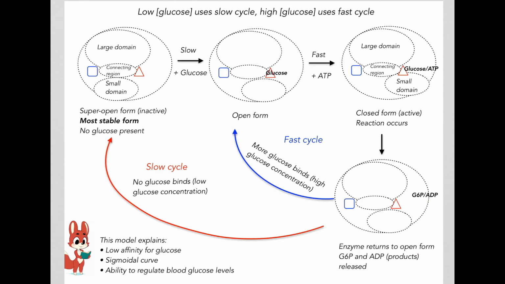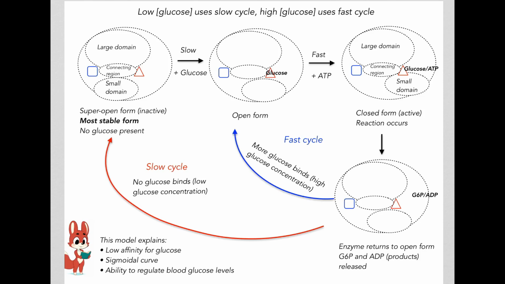Now, if the glucose concentration is high, there's a lot of glucose around, then what happens is this open form will basically get converted to a closed form. This is called the fast cycle. Okay, so in the presence of high amounts of glucose, we have the fast cycle being used by the enzyme.